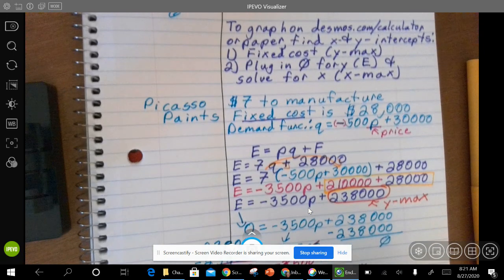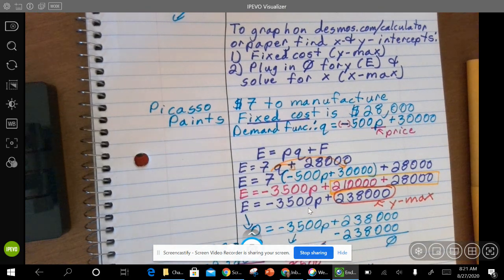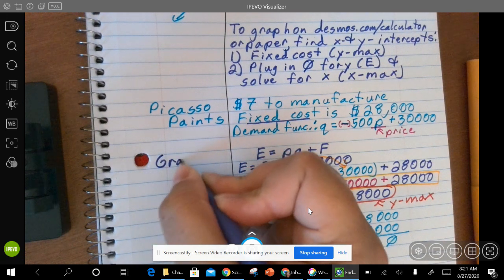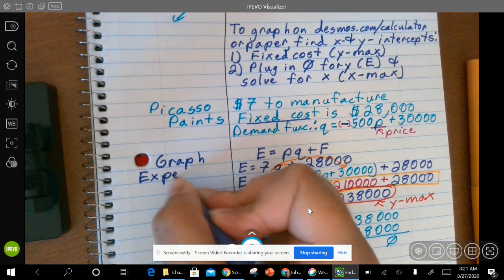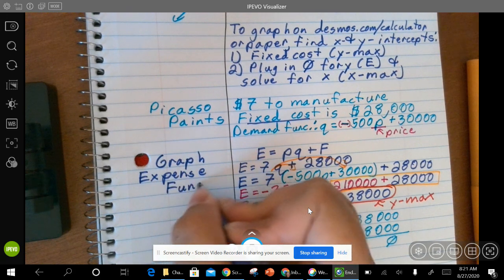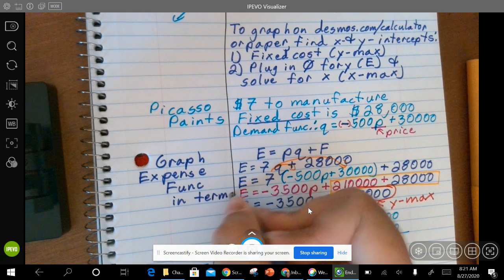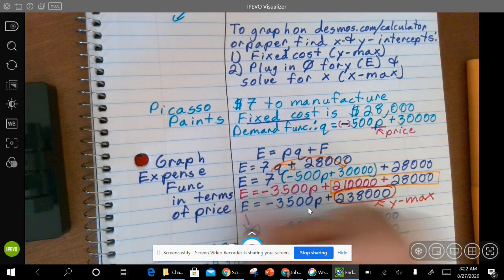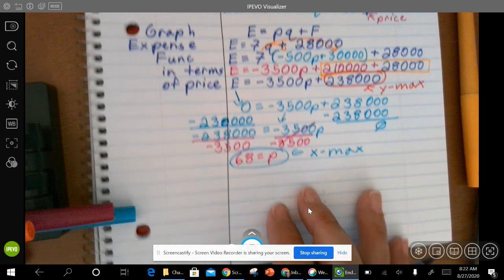Now we can go ahead and sketch a graph of this. It would help if we actually wrote what we're doing with this one. This one, we're graphing the expense function in terms of price. I'll move this down.